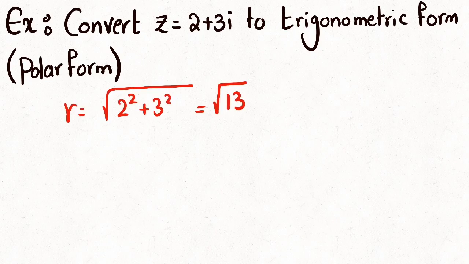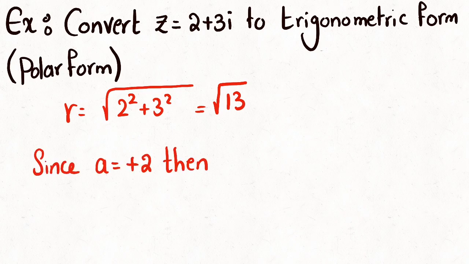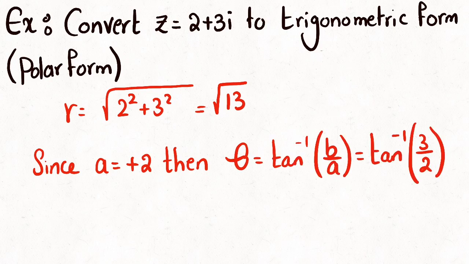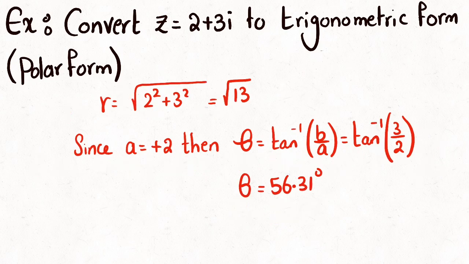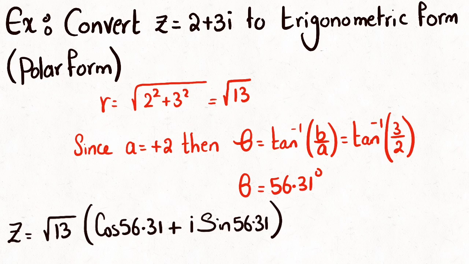Now to find theta, we check the sign of the real part a, which is 2, and it's positive. Thus theta equals tan inverse of 3 divided by 2. You find it with the calculator, and the value will be 56.31 degrees. Now you're not done yet. You will say my new z equals r times cosine theta plus i sine theta, and you apply it as you can see in front of you.